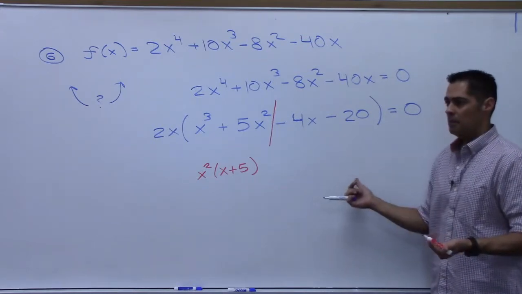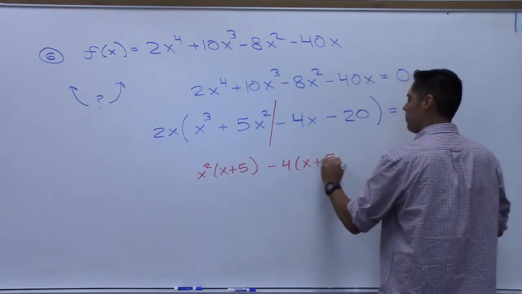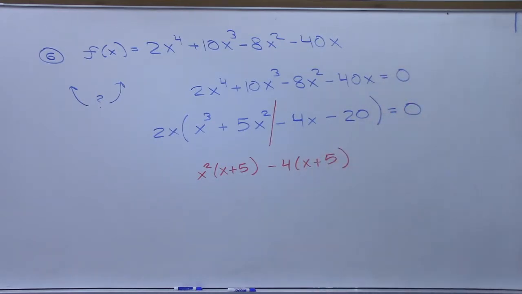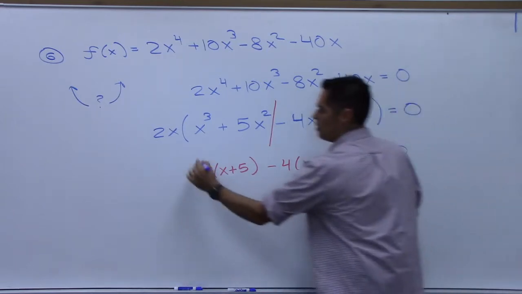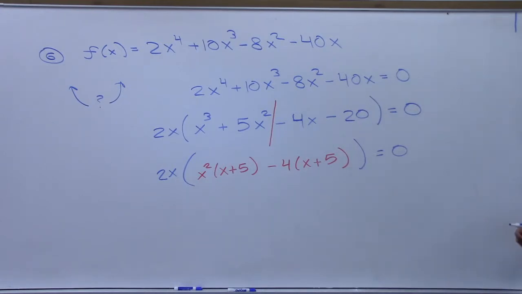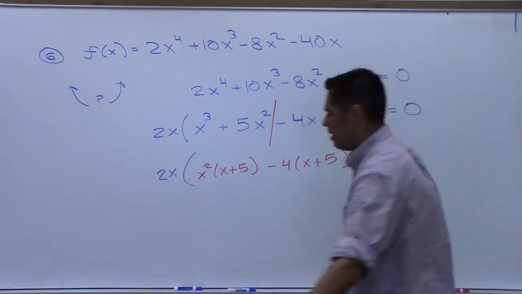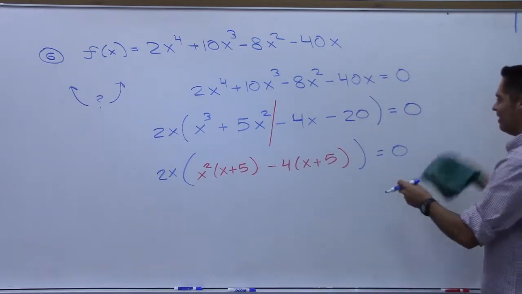Can we make it happen? Yes, minus 4, and we're left with x plus 5. So that would be the appropriate grouping factoring on that, equals 0. Still have 2x out front, right? No questions?